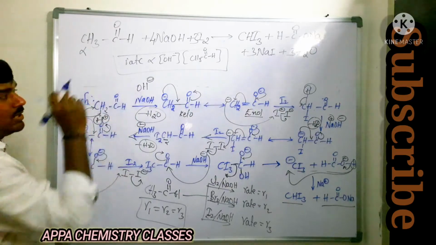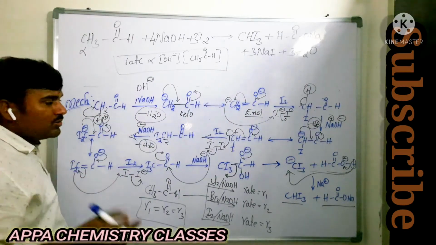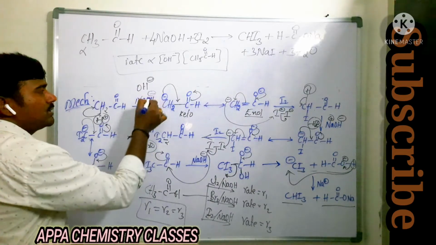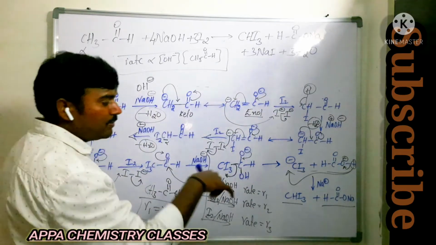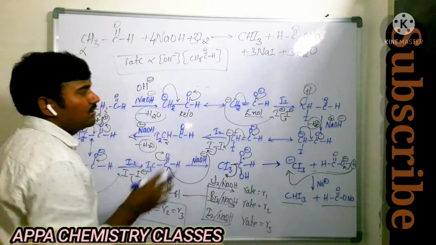So it is a second order reaction. Is that clear? The rate of reaction mainly depends on the attack of the base on the carbonyl carbon, which does not depend on the type of halogen present.